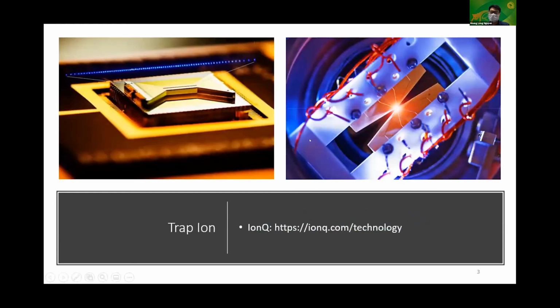Another platform is trapped ions, which is also one of the pioneers in quantum computing. And the idea is a bit different. The idea of trapped ions is that you take an atom and do some operation to turn it into an ion. You trap them on top of the surface of a chip, and then you try to control them using laser and microwave.